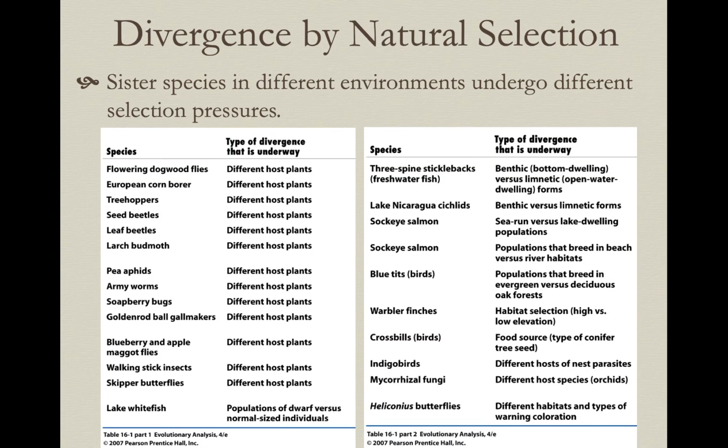But when we have species that are isolated into different areas, those areas may have different natural selection patterns. And so here are several examples of studies of insects and vertebrates, including fish and birds, in which there have been different selection pressures associated with different genetically isolated groups. So it could be associated with switching between host plants. That's a really common thing in insects, as you can see.